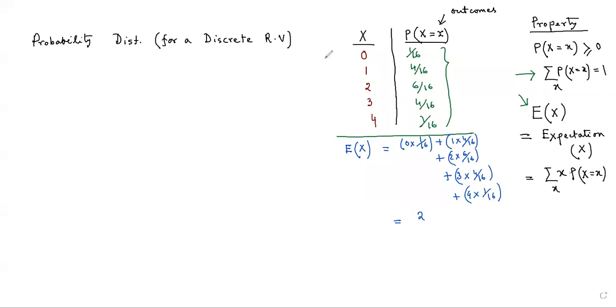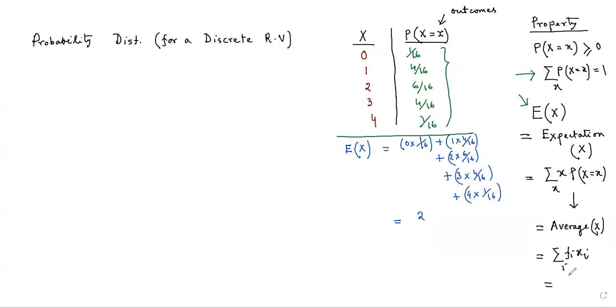Yes, expectation is 2. Now, we have come across this expectation formula, and by expectation we understand that we are calculating the average of the random variable capital X. I also told you why it is so: to calculate the average for a frequency distribution, we consider this particular formula where the value is multiplied by the frequency.